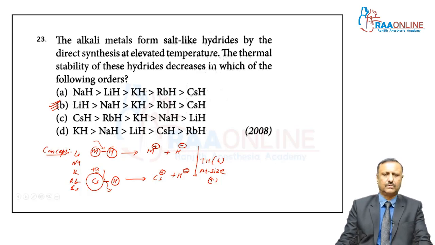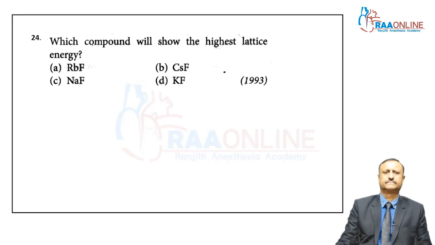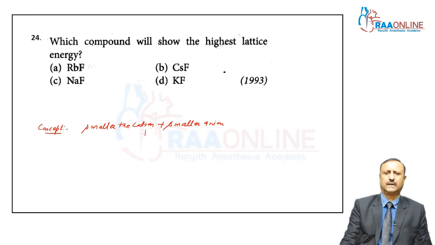Now, my dear friends, we can go to question number 24. Which compound will show the highest lattice energy? The concept: the smaller the cation plus the smaller the anion gives high lattice energy.